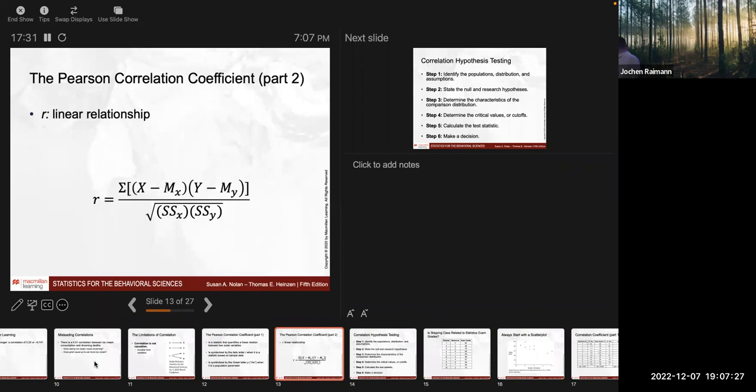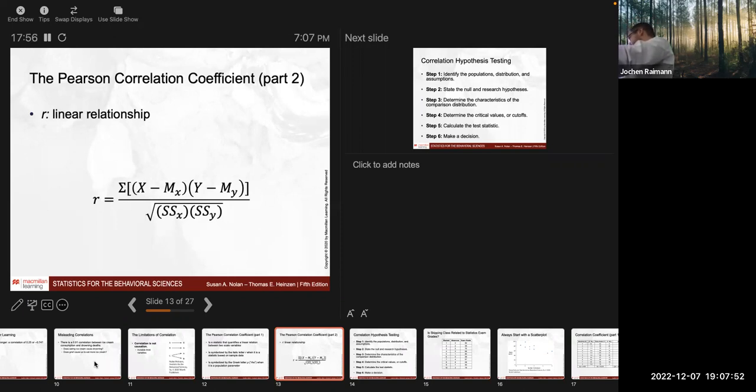You divide this now by the product of sums of squares under the square root. That is going to be with no sign, because the sum of squares by definition is squared deviations summed up, multiplied by the sum of squares of y. So that will be positive. The square root doesn't change that.